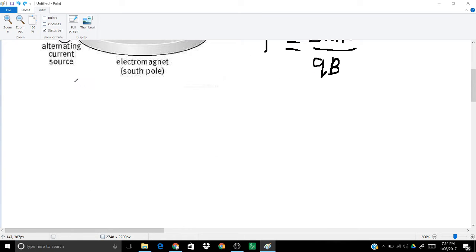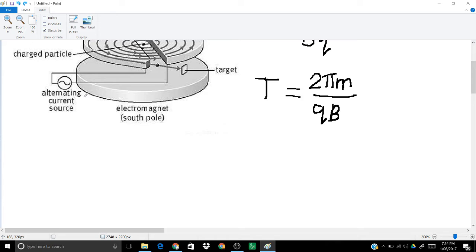All right. So we know that period is 2 pi m on qB. Now, what's frequency? In relationship to period, frequency is the number of oscillations per second, and period is the time in seconds for one oscillation.